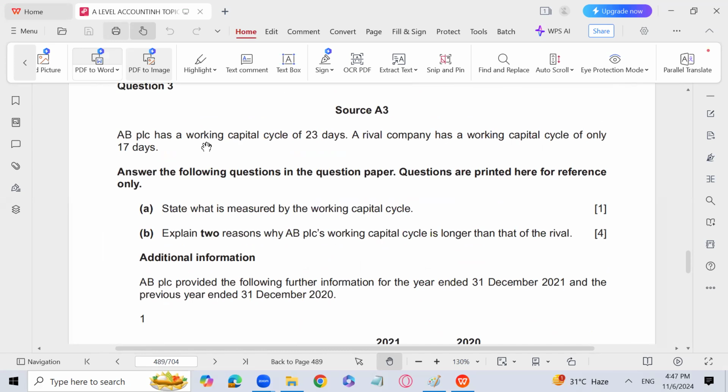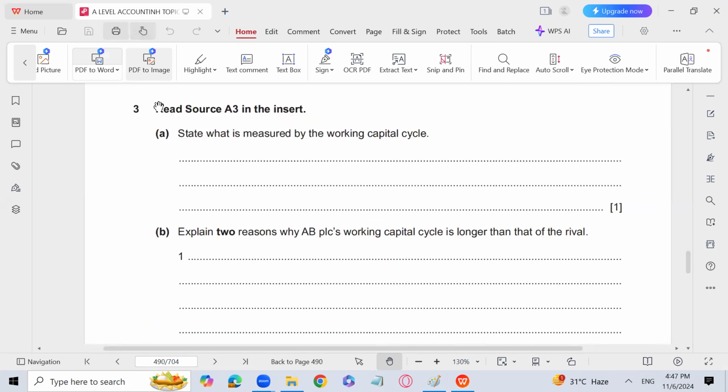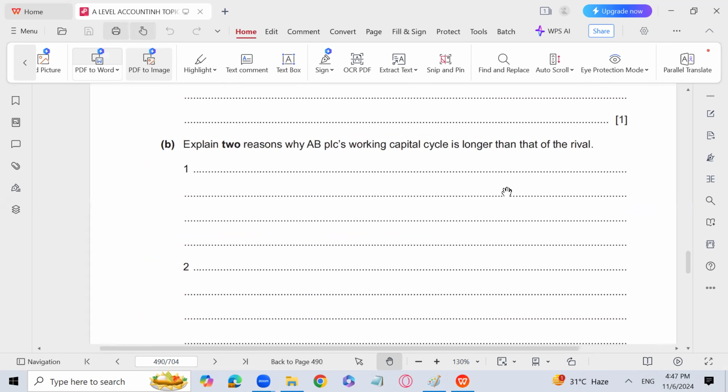Yes, here working capital cycle is 23 days. A rival company has a working capital cycle of only 17 days. So it means that our working capital cycle compared to the rival company is more than that. It means that we are taking more time to sell our inventory. We are taking more time to collect amounts from trade receivables, and we are paying our trade payables early. That is the reason. Delay in selling inventory, delay in collection from customers, and early payment to trade payables.